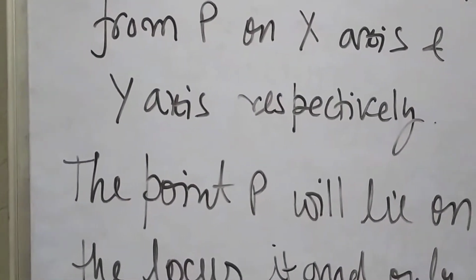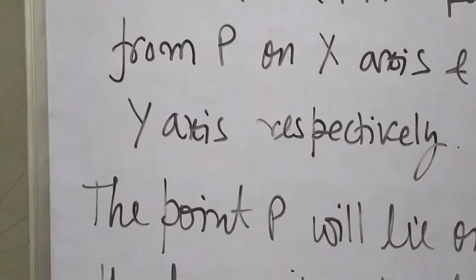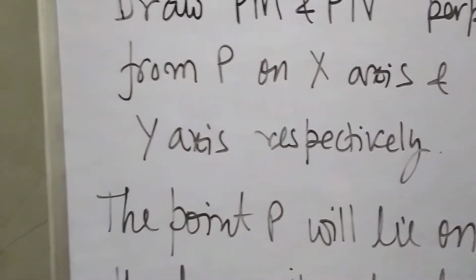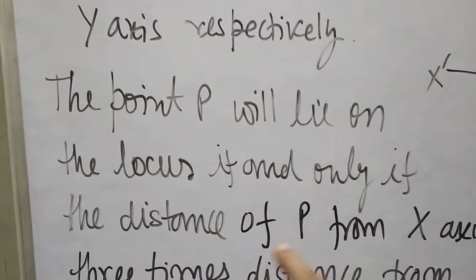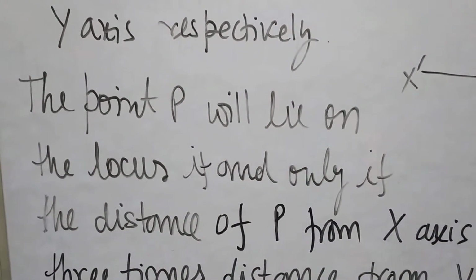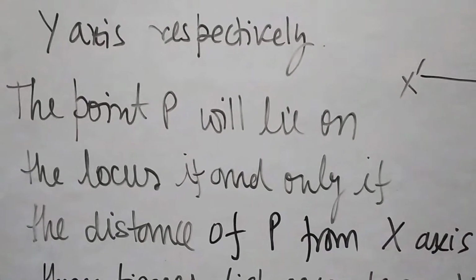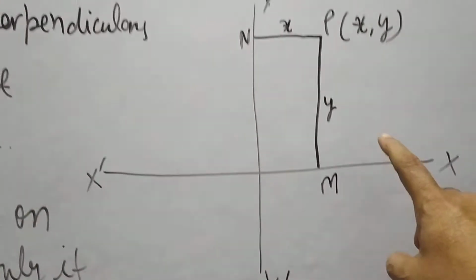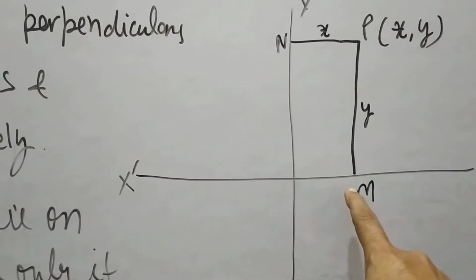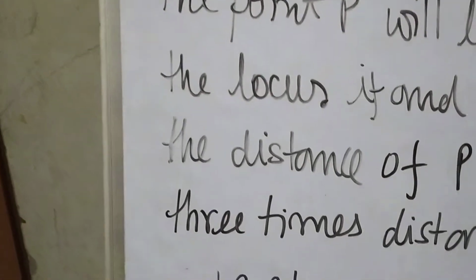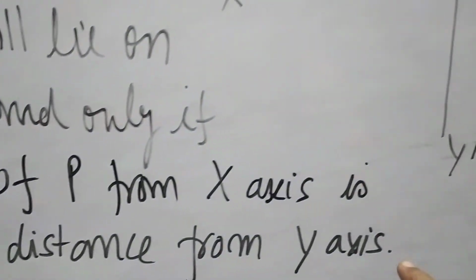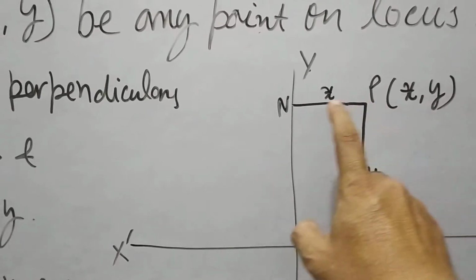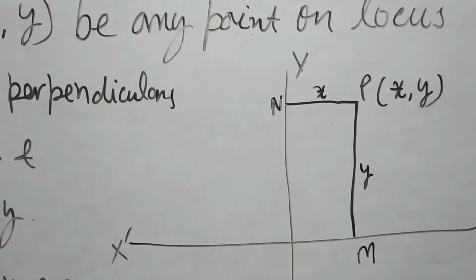Now, the point P will lie on the locus if and only if the distance of P from the x-axis, that is y, is 3 times the distance from the y-axis, this PN, that is x.